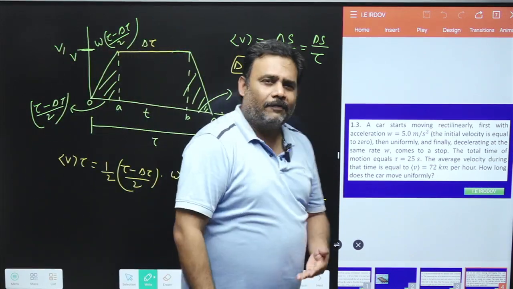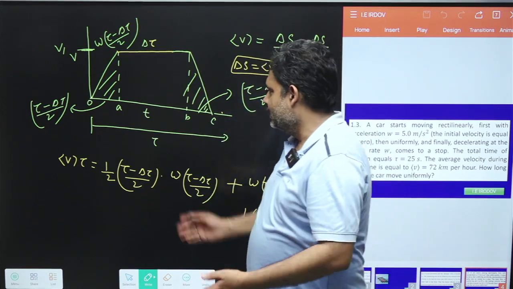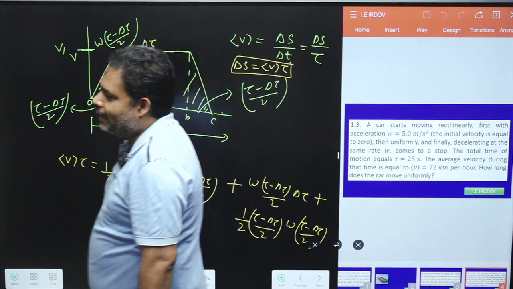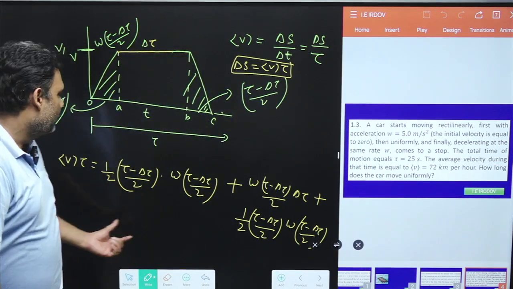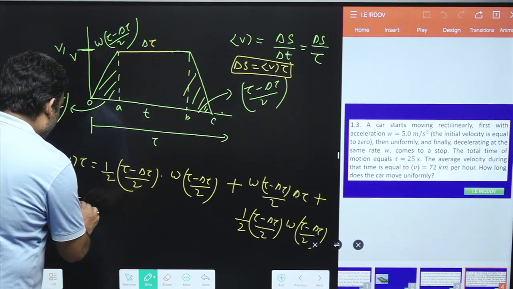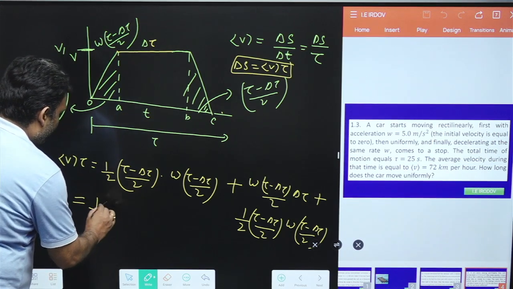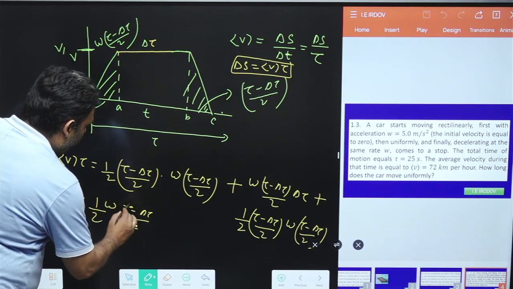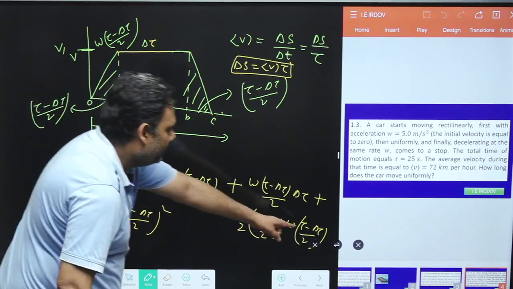So half height into base is the area of the triangle, and you can find it. And if you see this very carefully, you can write it something like half a t square. This is exactly the same thing here also.